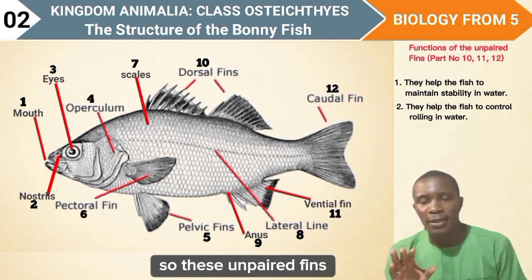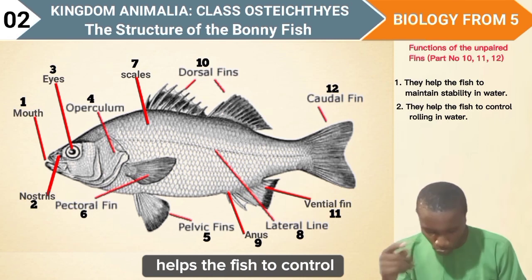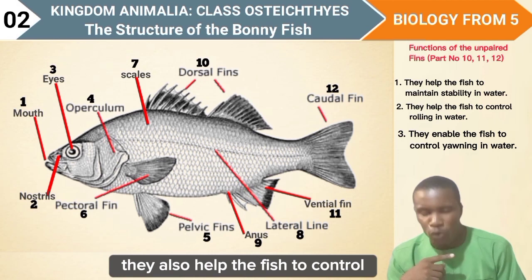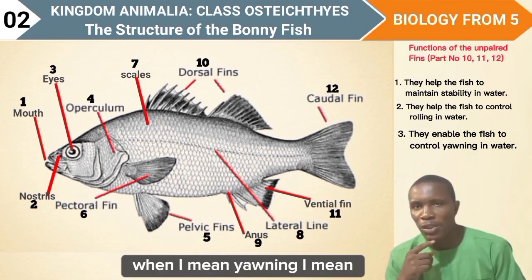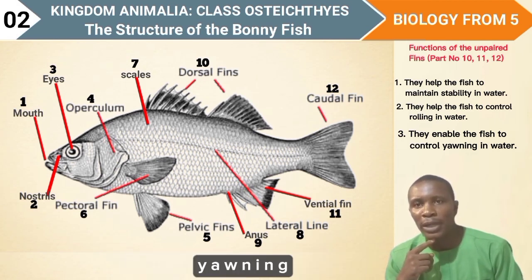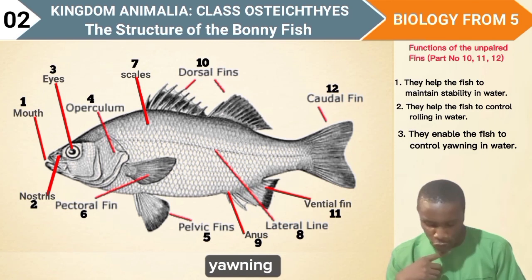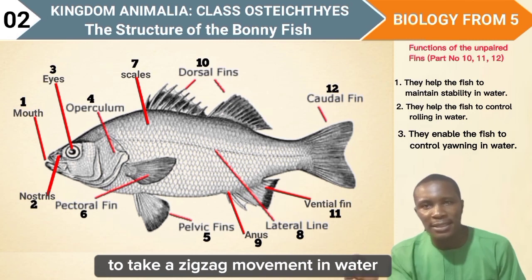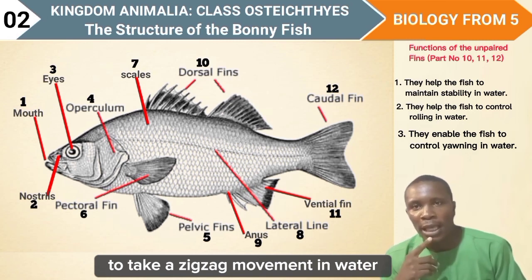So these unpaired fins help the fish to control rolling in water. They also help the fish to control yawing in water. Yawing simply means the ability for the fish to take a zigzag movement in water.